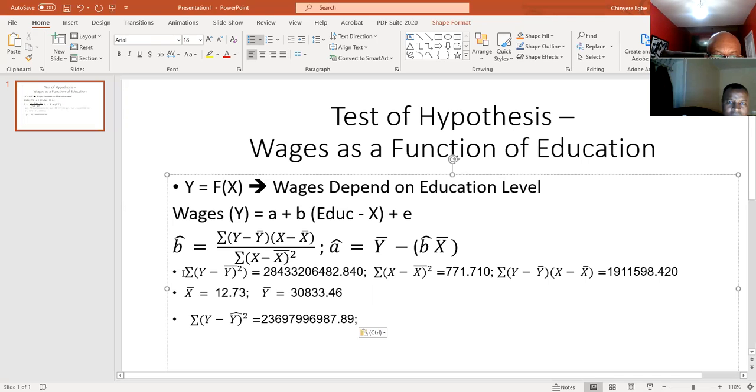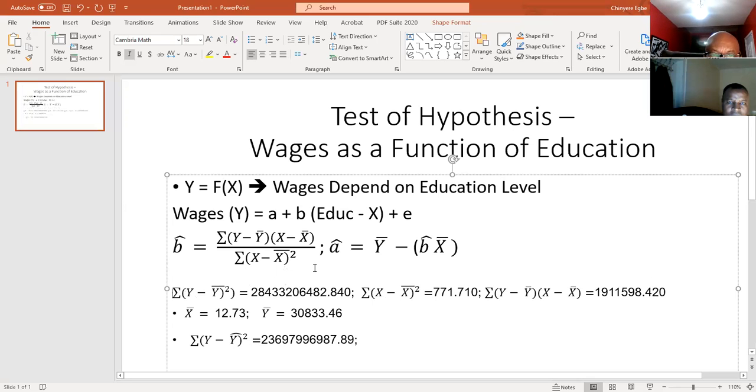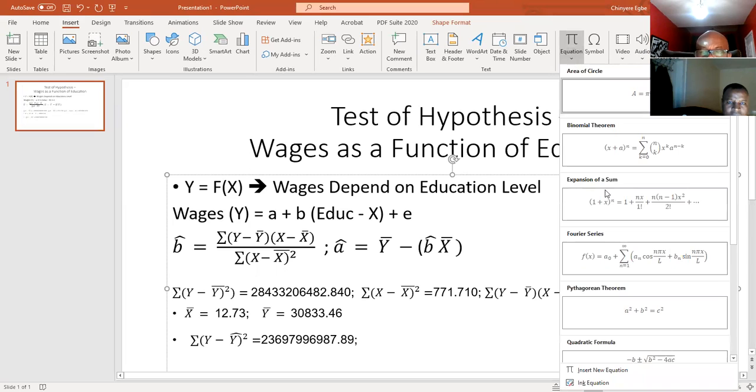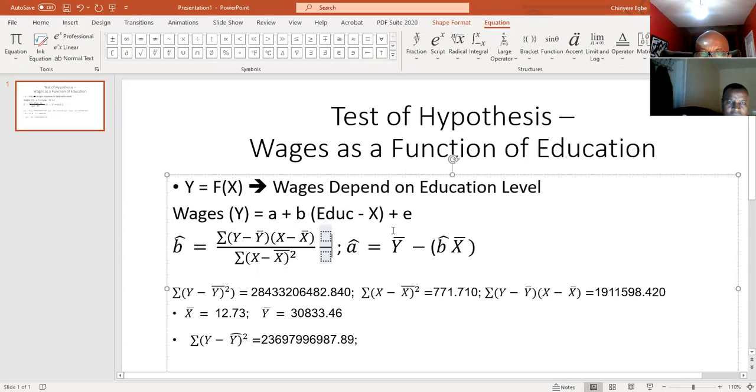Now, first of all, we have to estimate B hat. So how do we estimate B hat? We have the summation y minus y bar times x minus x bar, so we simply plug in that number. I'm going to plug it in. Okay, we have the number here.